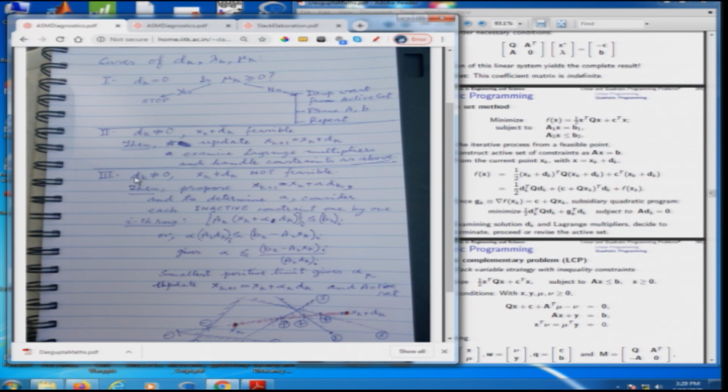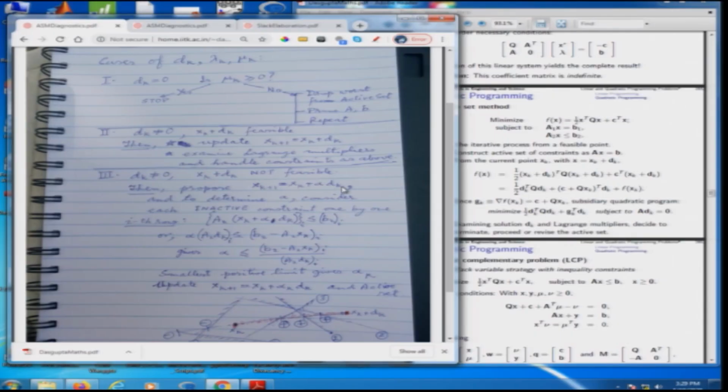Then if dk turns out to be non-zero, that is a move is suggested, and the move is suggested to a point which is not feasible, that means some constraints are getting violated. That means you have to use a cutoff, exactly the way you did in the linear programming problem. So, you say the full step we will not take, that big step we will not take, we will take alpha fraction of it. Propose this and determine a suitable alpha.